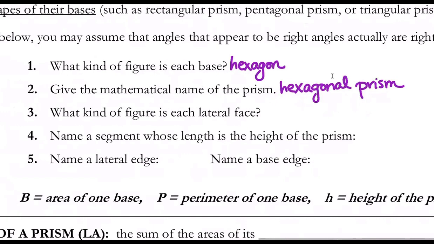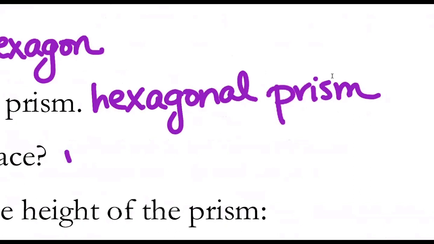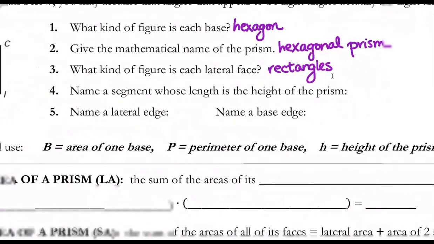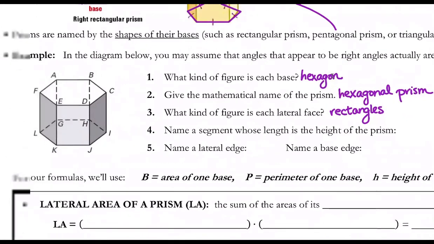What kind of figure is each lateral face? Those are all rectangles. Okay, that's always going to be the case in a right prism.